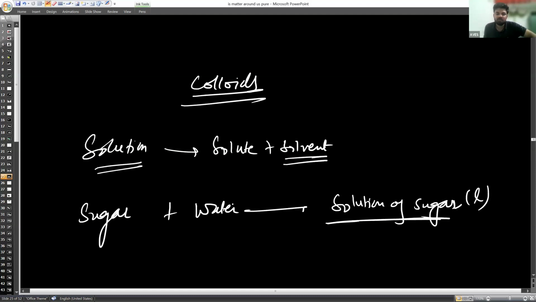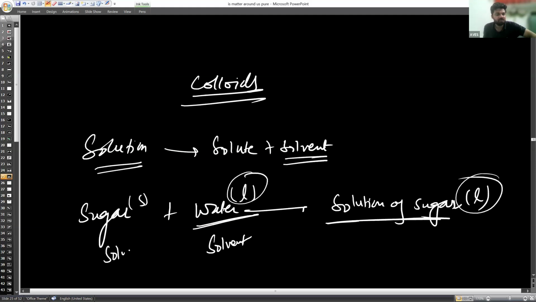Here water is liquid and the solution is liquid, and sugar is solid. So the solvent will be water because its state and the solution's state are the same, and sugar will be the solute. Got it?